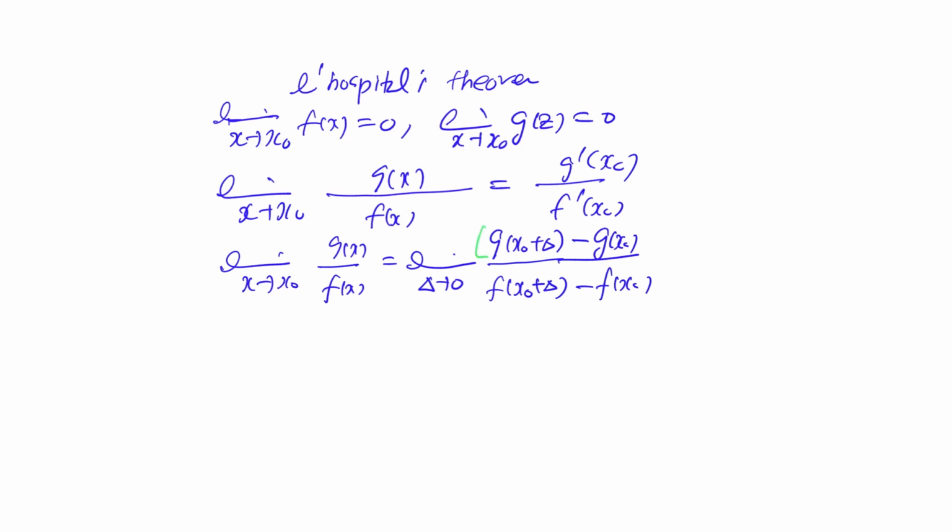And we divide by delta, right? You divide by delta and multiply by delta is the same as just 1. Then it's obvious: f prime x0 over g prime x0. So we can utilize one empty page. L'Hopital's theorem is a very useful theorem, so you probably need to memorize this.